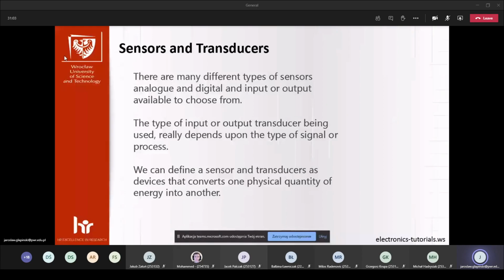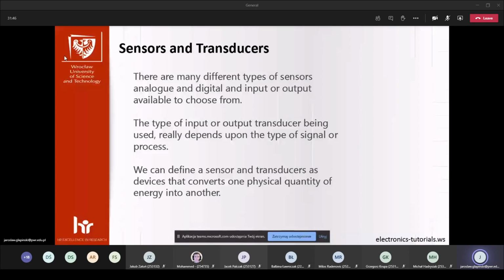Of course, nowadays we've got many different types of sensors. I hope you will discover more and more in your life, and during your life more sensors and transducers will be discovered, because this discipline is going to be the most important in our environment. So we've got many types of transducers, as I said, passive and active, but we can also divide them by the output, what kind of output signals are available.